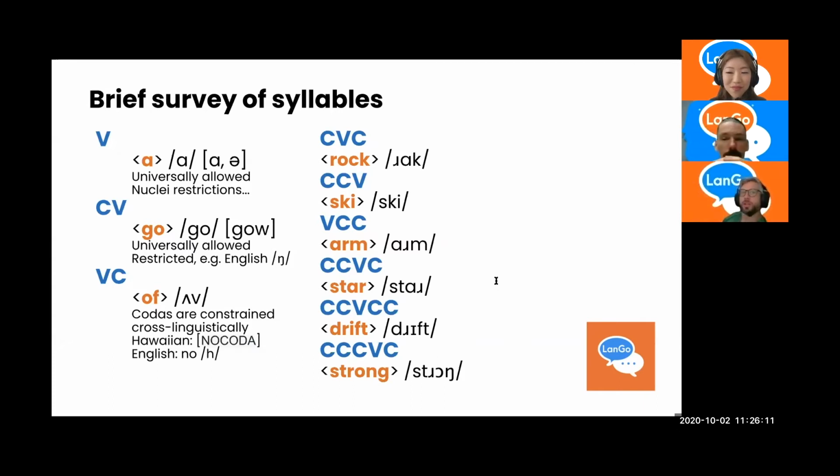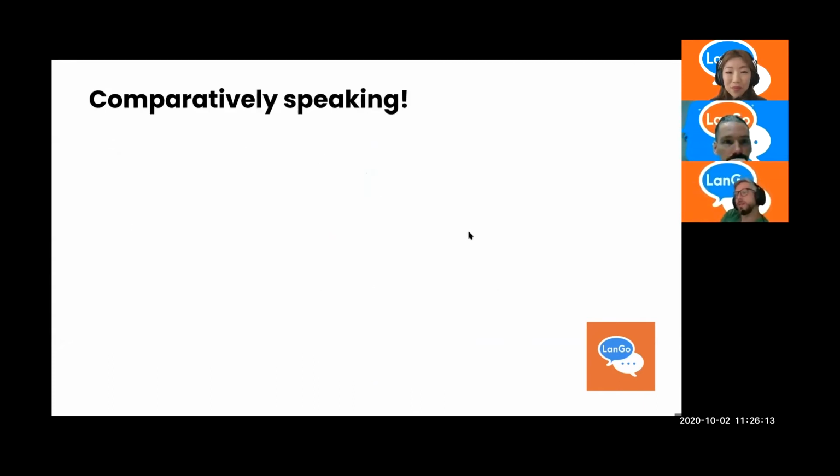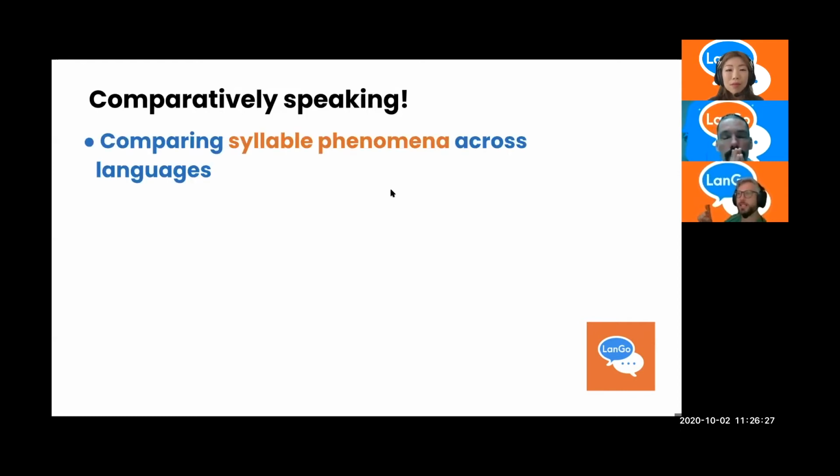So today we're actually going to move on comparatively speaking much quicker than normal, but that's because we want to talk about syllable phenomena across languages. We're going to talk about the H in English, and that segment's called What the H, and it's exploring restrictions on the English H. We're going to talk a little bit about if haiku poems from Japanese are actually translatable in English, because of what happens with light and heavy syllables in Japanese.